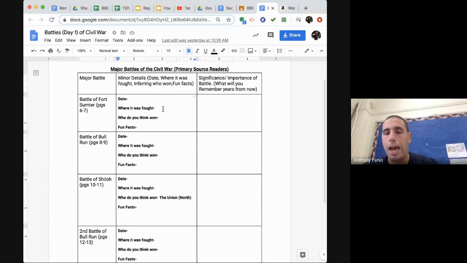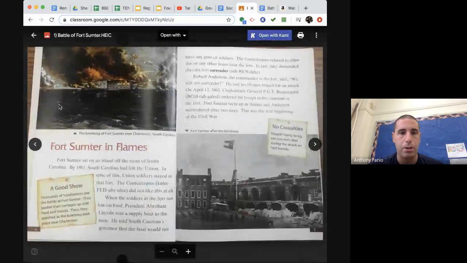You don't need to do anything else but read it, and you should be able to get the particular information, okay? So I'm going to read the first battle to you and show you how my mind works. We're going to do a read aloud together, and then we are going to fill in this box together to start. If you have questions, please let me know.